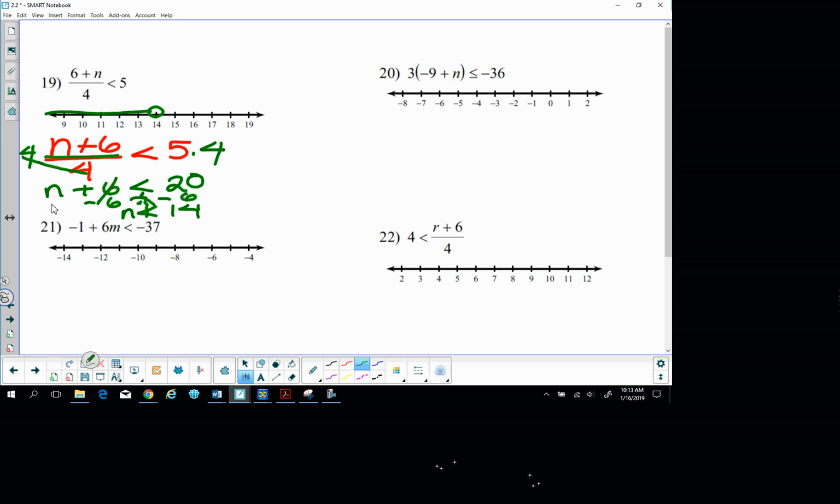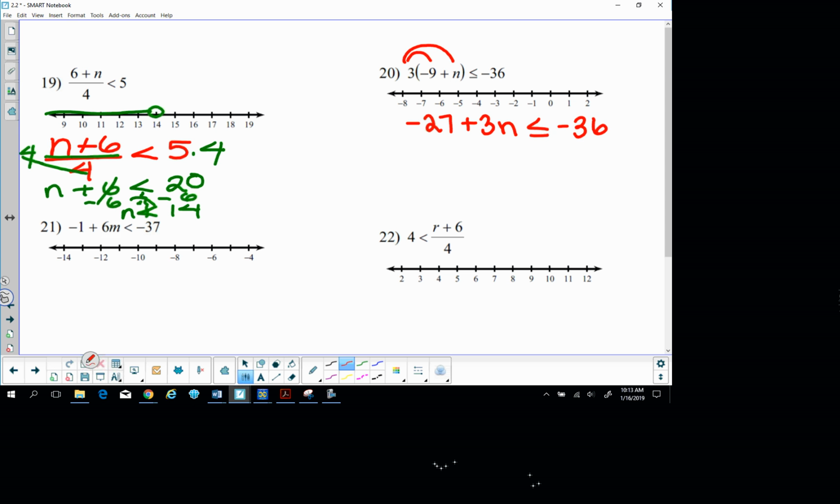So let's try this number 20. I'll go over that one with you too. When something's outside of our parentheses, what does that mean? Multiply or distribute, right? So what's 3 times -9? What's the sign? -27. Plus 3n is less than or equal to -36.